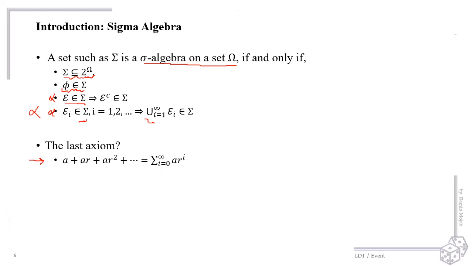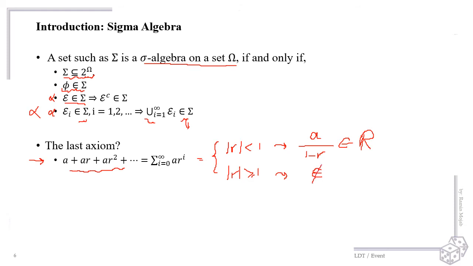Here is a more familiar one. You must be familiar with this summation, and if the absolute value of r is less than 1, then it converges to this value, which is a member of R. We have similar membership here, and if the absolute value is greater than 1, then it diverges, which means the value is not a member of R. I'm going to interpret sigma as the level of information.